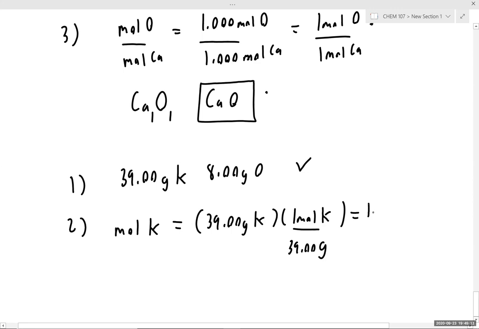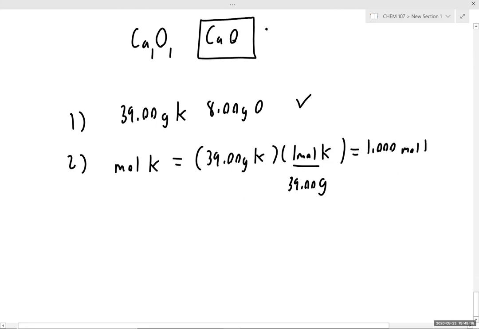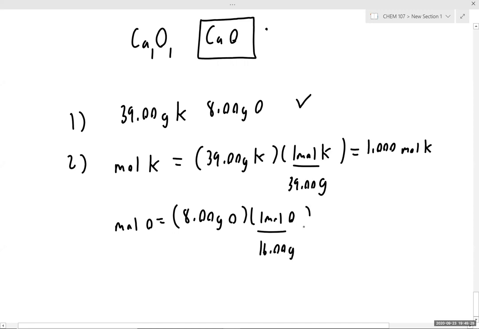So then that would give us 1.000 moles of potassium. For our moles of oxygen, we have 8.00 grams of oxygen. In 1 mole of oxygen, we have 16.00 grams, and that gives us 0.500 moles of oxygen.